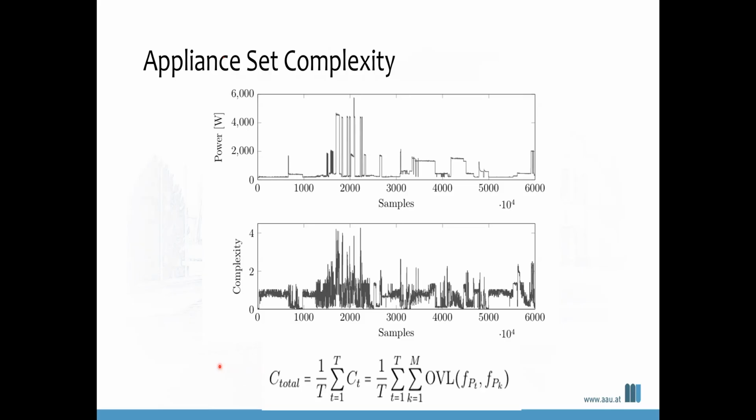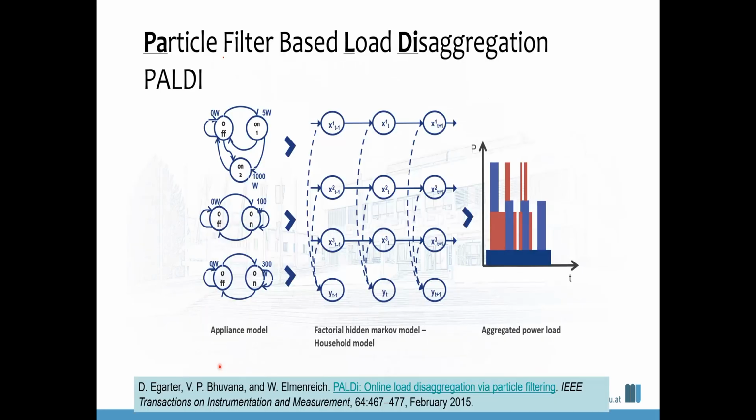So using this information, we need some kind of modeling over time. And this we can do with a hidden Markov model.